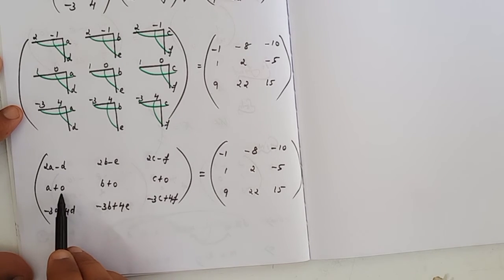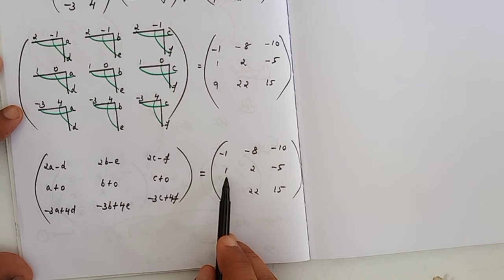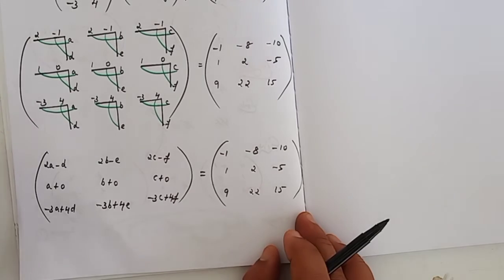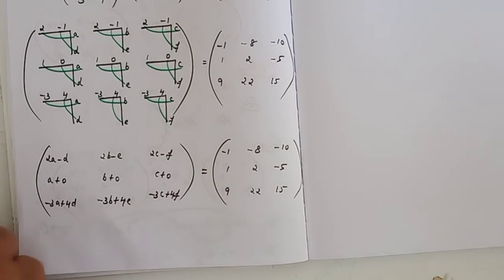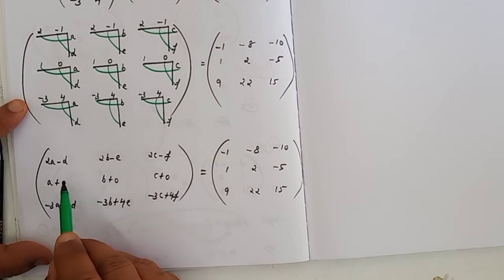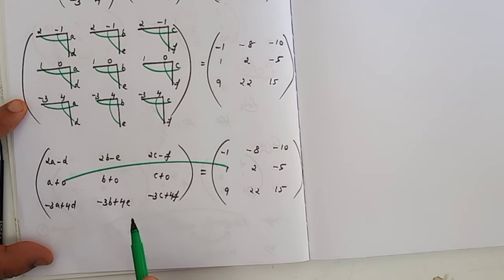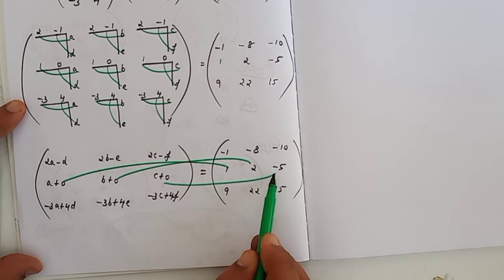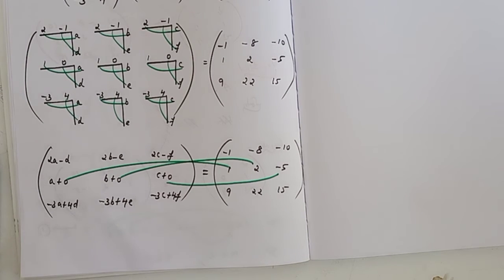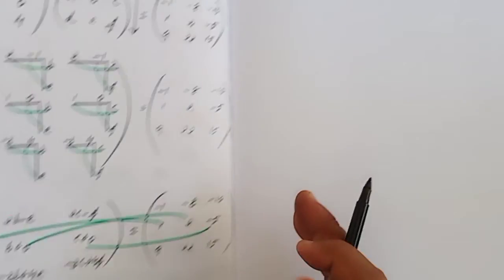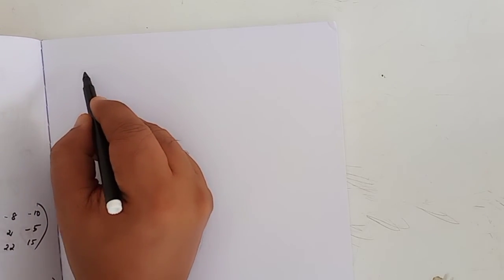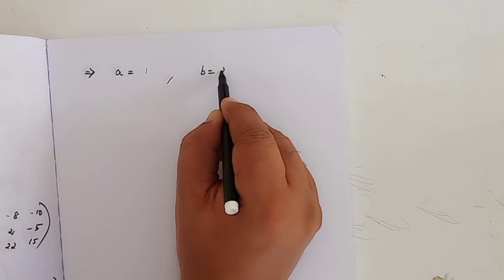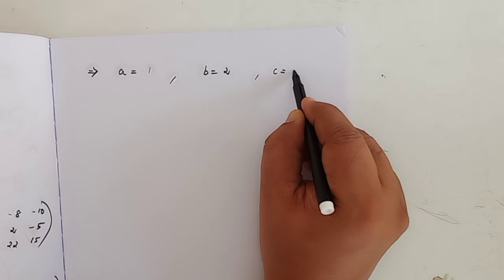Here we have A plus 0, that is A, that is equal to 1. B is equal to 2, C is equal to -5. So you can directly write A equals 1, B equals 2 and C equals -5.